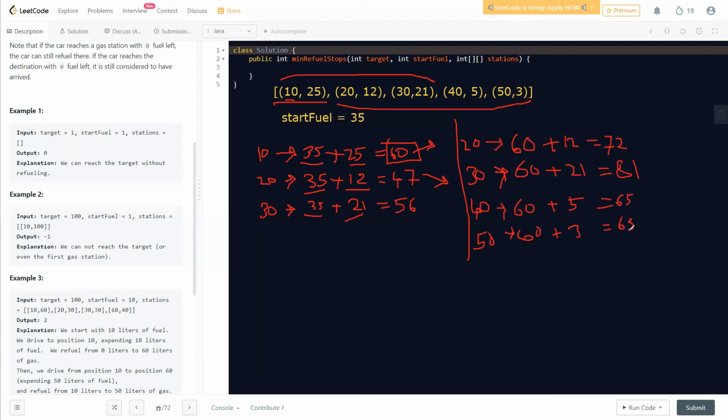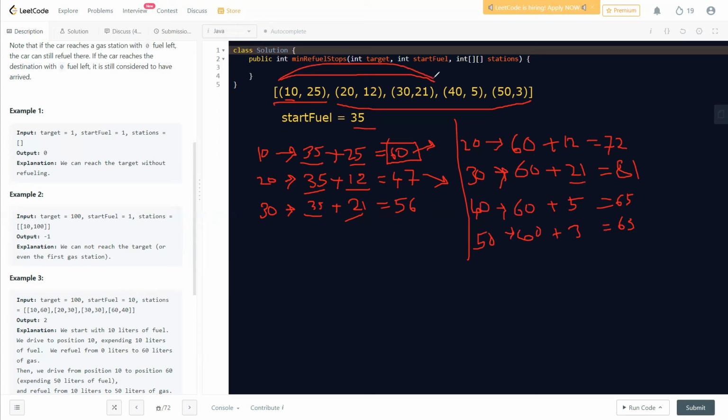So if we need to cover a large distance with the minimum number of stops, what's our idea? The idea is that the fuel station which has the maximum amount of fuel should be our first pick. With our first 35 liters of fuel, we know we can cover these 3 stations.